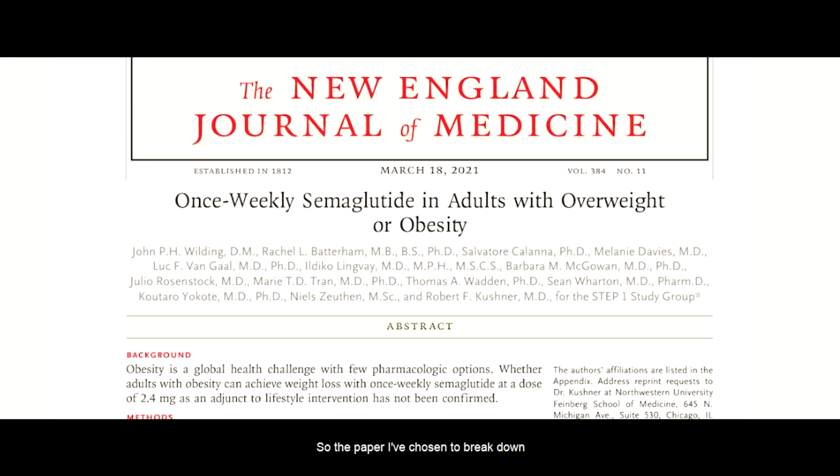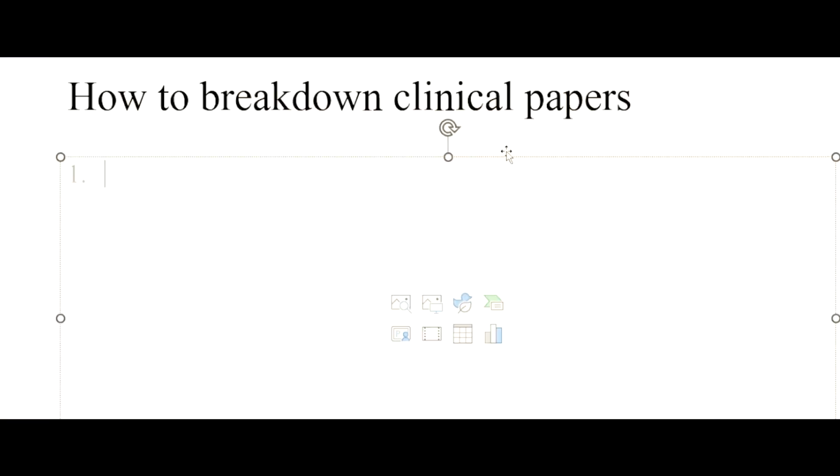So the paper I've chosen to break down is the STEP trial, which is once weekly semaglutide in adults who are overweight or obese. Now, before we get into it, and with any clinical trial that you read, there are really 4 questions that we want to address. Let me break down the 4 questions for you, and always keep these in mind when you're reading clinical papers, as that's going to help you identify the key points of the paper.